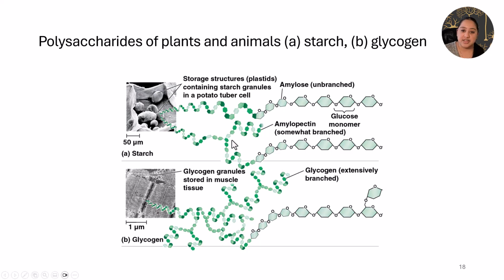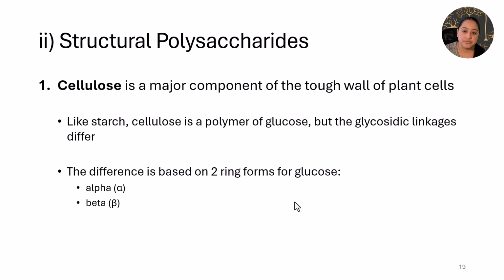It's long, and then there are some branches where a branch of a bunch of glucoses diverts. And then the main branch keeps going, but then there might be smaller branches. So those are two kinds of starch. And then glycogen is branched. Okay, so those were storage polysaccharides.